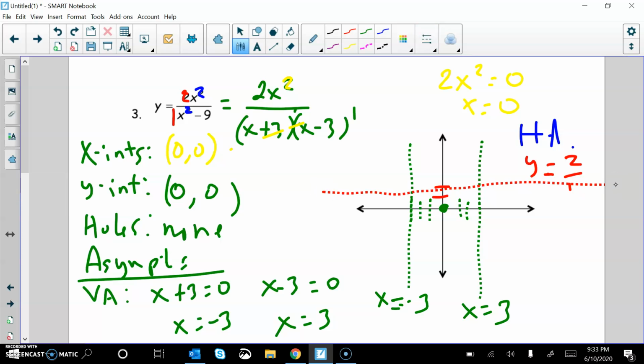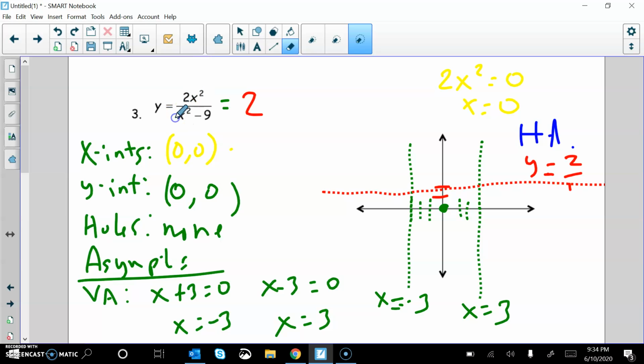All right, let's get some key points, kind of see what's going on here. Actually, let's see if it crosses that horizontal asymptote, because I think this one is. So let's go back here. Let's set this equal to that value. Set it equal to 2.